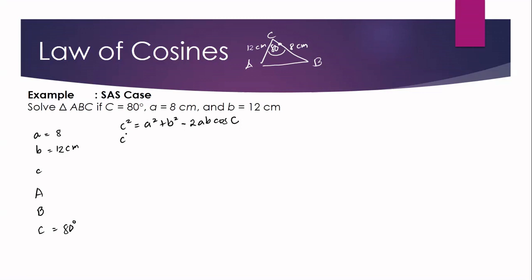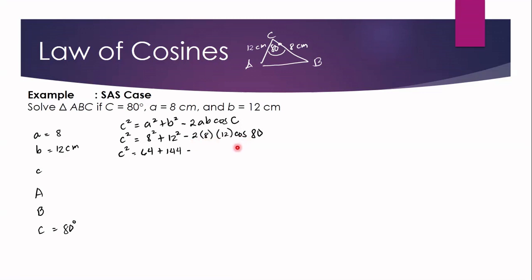So C squared is equal to 8 squared plus 12 squared minus 2 times 8 times 12 times cosine of our angle C, which is 80 degrees. We can get the values one by one. We have 8 squared, that is 64, plus 12 squared, that's 144. And for this last term, you can get it directly on the calculator: 2 times 8 times 12 times cosine 80.